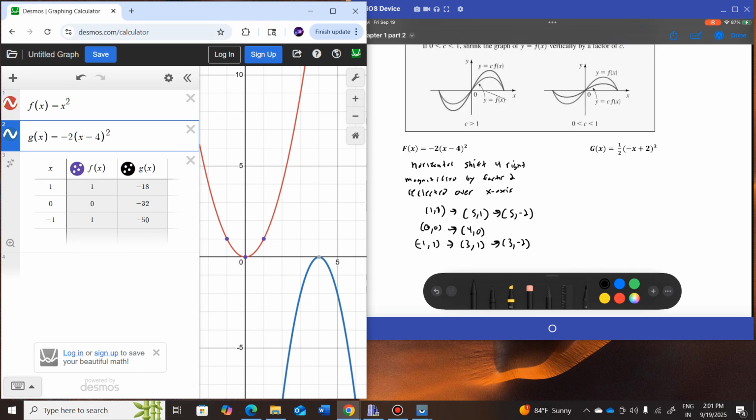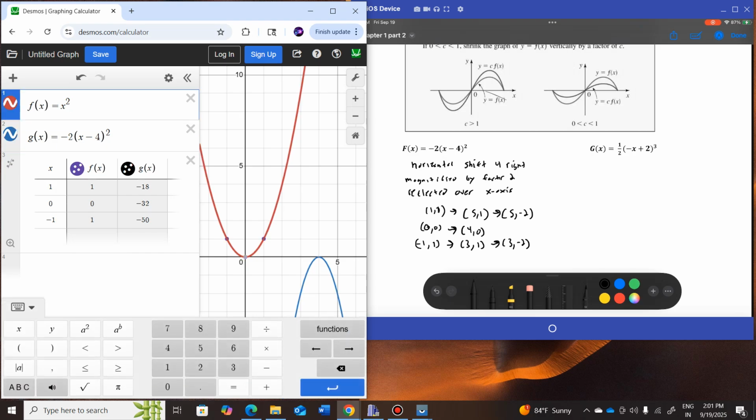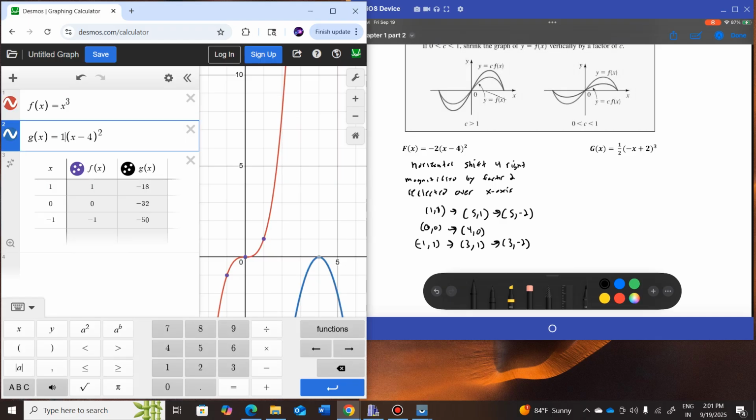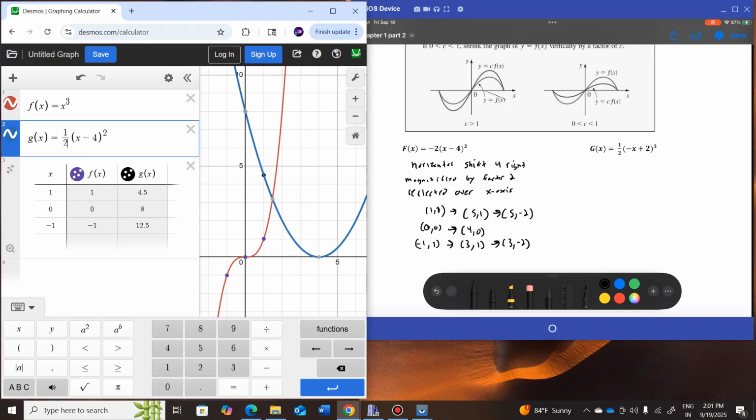The next one, it's a cubic function. And we'll have a 1/2 on front and a negative x in front of that, and plus 2. And again, this is a cube.